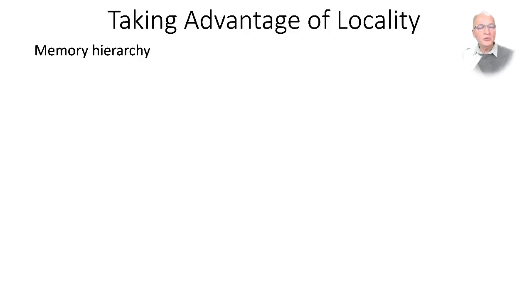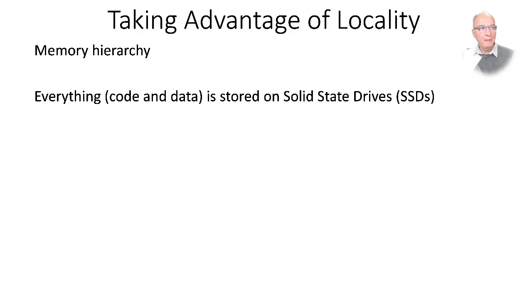And for that, we're going to build a memory hierarchy. Everything, code and data, is stored initially in solid state drives. Remember, solid state drives are cheap, they can have a high capacity, and the cost per byte to store in those devices is very low.